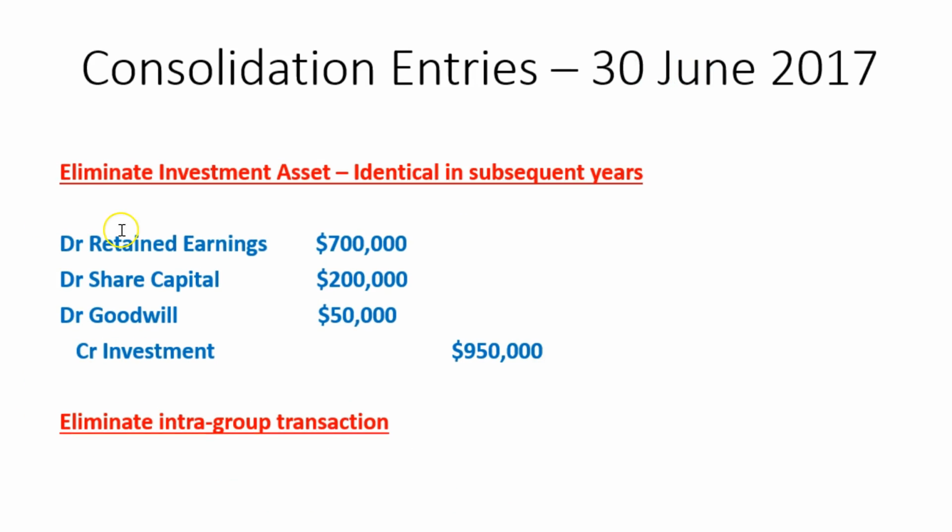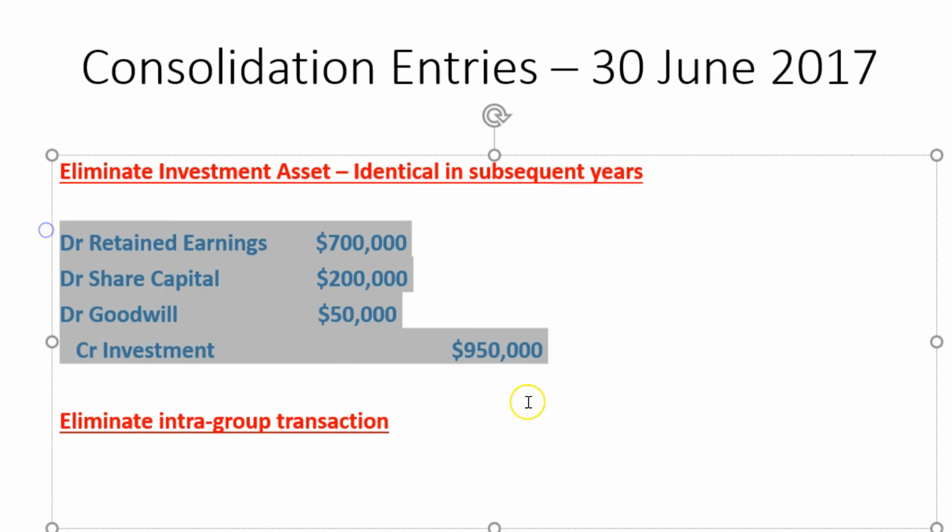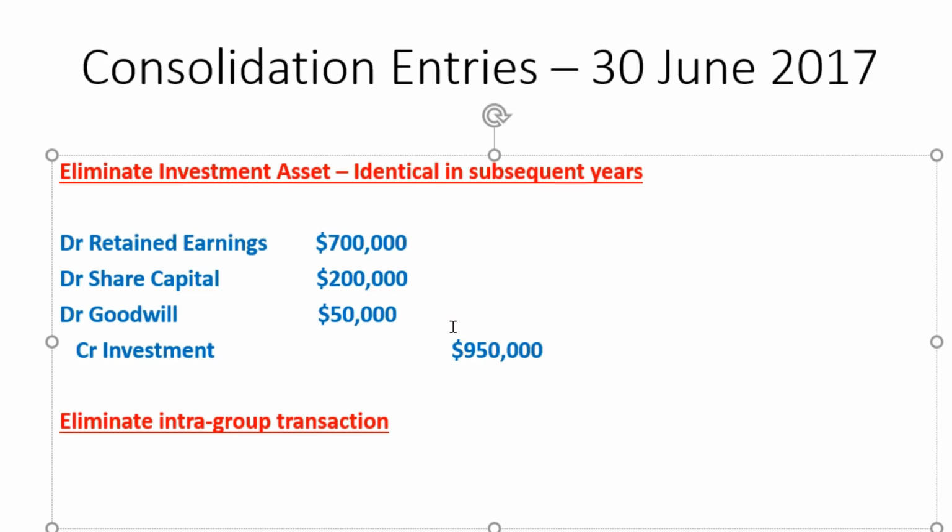Okay, so if we're then looking to record the consolidation entries for the next year, 30 June 2017, our elimination will be identical this year as well as in any years following. However, we no longer need to eliminate this intragroup transaction for the dividend payable because it no longer exists. The dividend was paid on 1st of August 2016, so QCO would debit their dividend payable to remove the liability from their books and credit cash, and Ben Limited would debit cash and credit the dividend receivable.